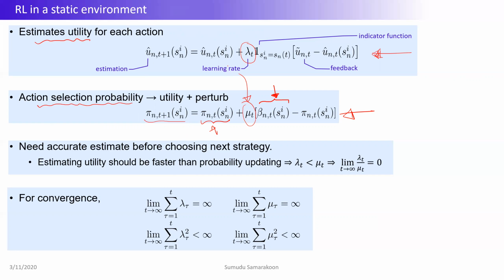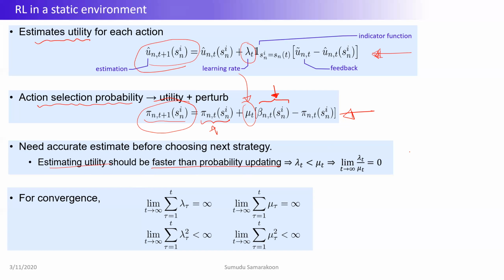The reason is, once we know this estimated value accurately, then we can update this probability with higher confidence. Therefore, estimating the utility needs to be faster than updating the probability.